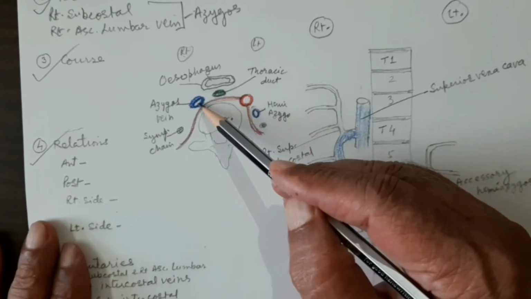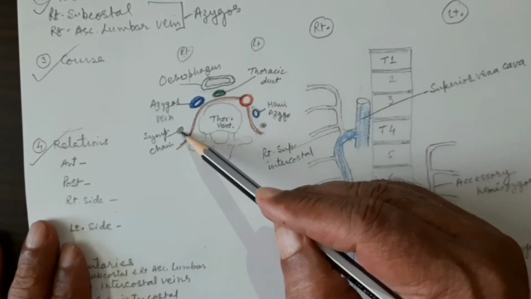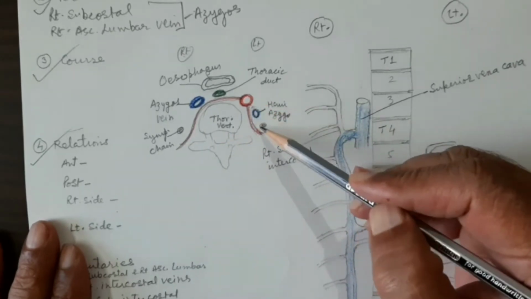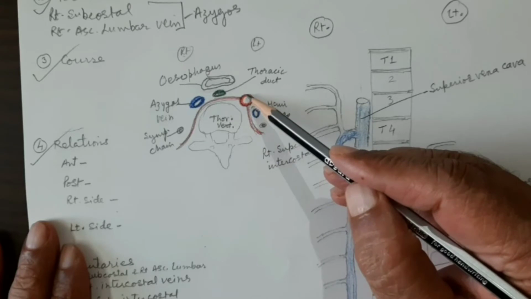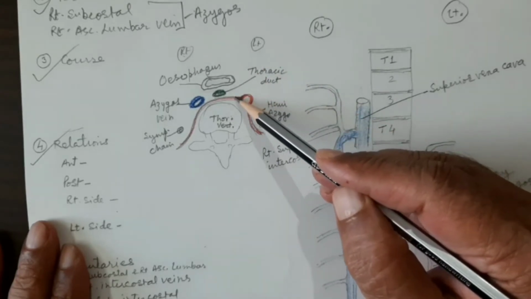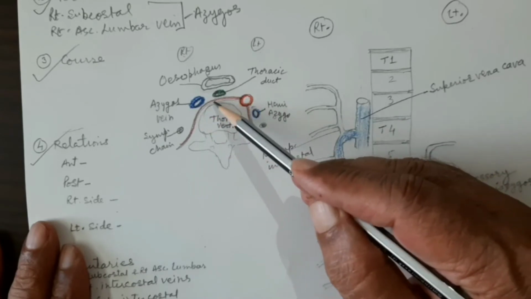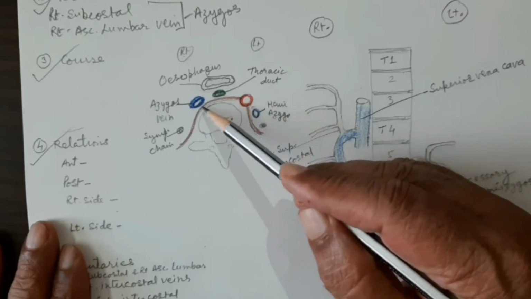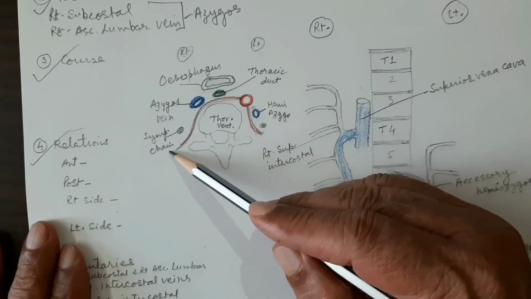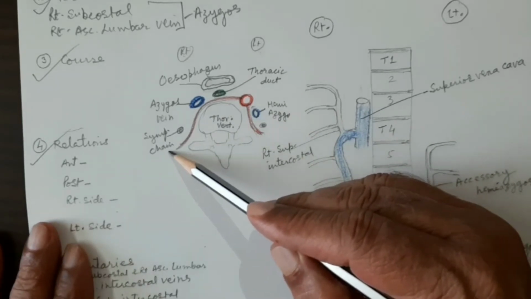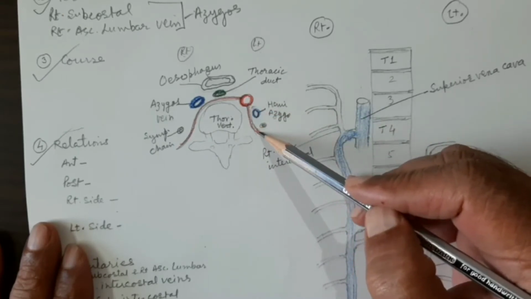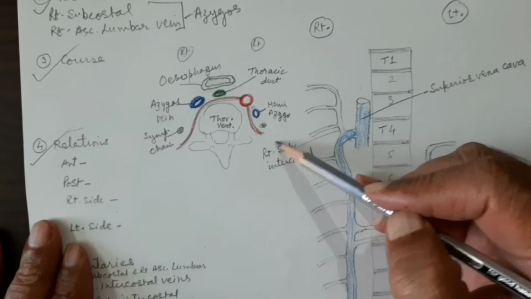On the right side is the azygos vein. This is the sympathetic chain by the side of the body of the thoracic vertebral column, and this is the descending aorta on the left side. This is the right intercostal branch, which will cross the column and go into the intercostal space in the subcostal groove, and this is the left intercostal artery, which will go to the left intercostal groove.